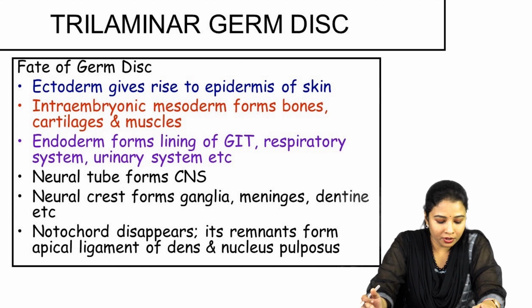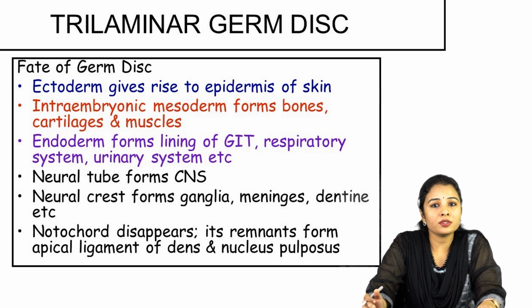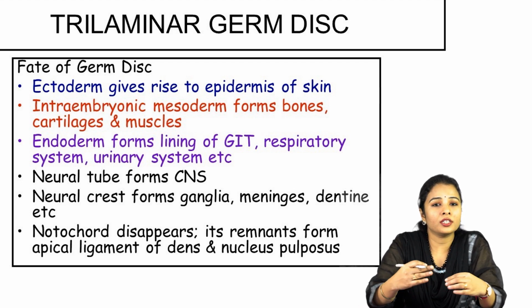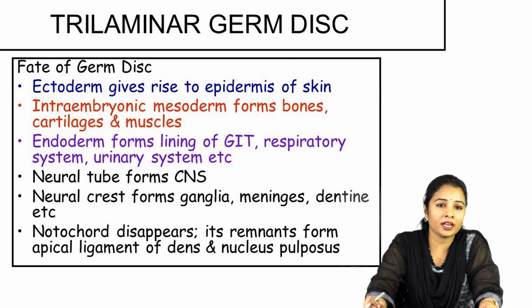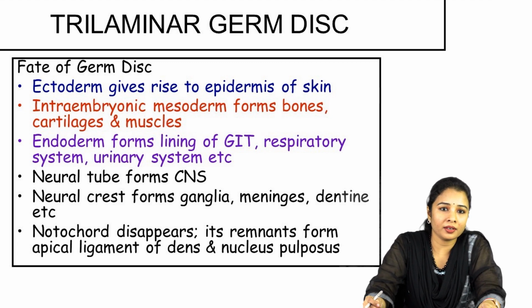The intraembryonic mesoderm forms the bones, cartilages and muscles. All the muscles are derived from the intraembryonic mesoderm. The endoderm forms the lining of the gastrointestinal tract, respiratory tract, urinary tract and so on. So the epithelial lining is derived mainly from the endoderm.